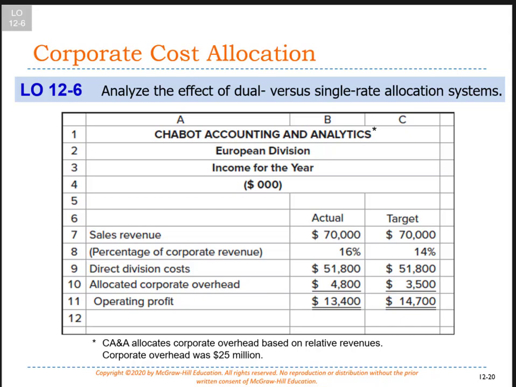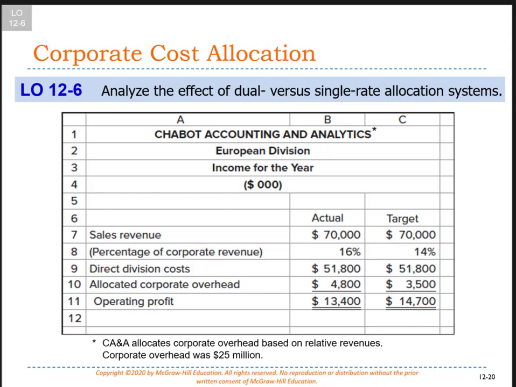That's very frustrating if you are the manager of the European division and you have no control over the allocated corporate overhead. You don't have any control of the whole company's overhead and how it was allocated, just because other parts of the organization use different levels of resources, or the whole corporation used a different level of resources.